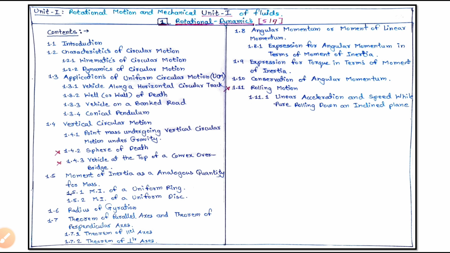Among these, the sphere of death and vehicle at the top of a convex over bridge, these two sub-articles of article number 1.4, are deleted or reduced only for the current year due to COVID.